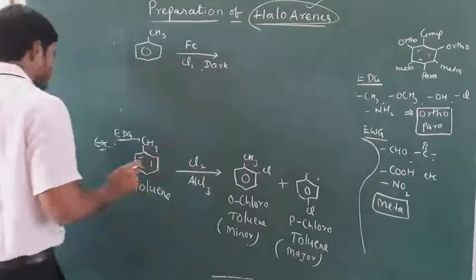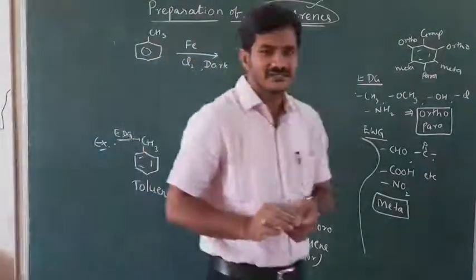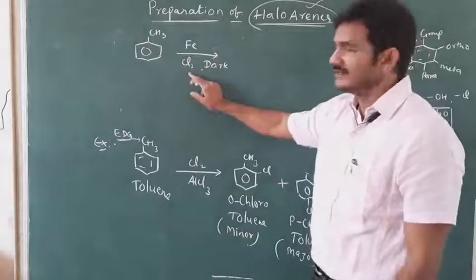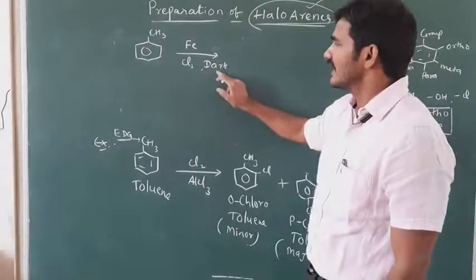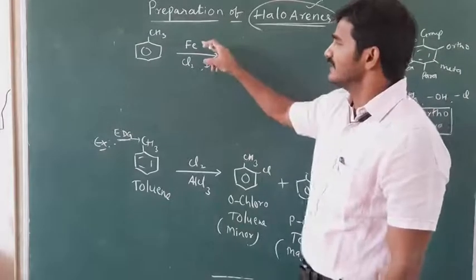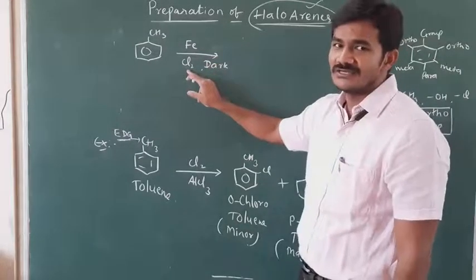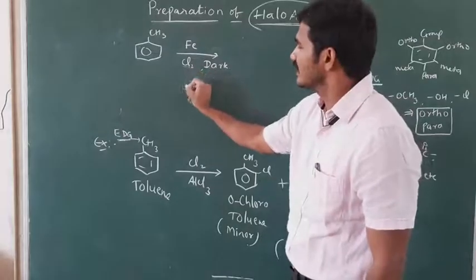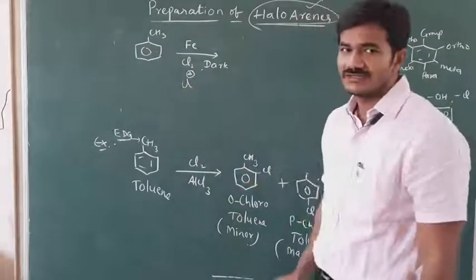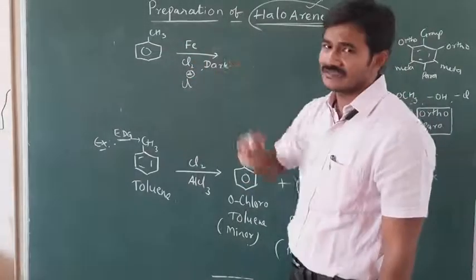This example is given in the NCERT textbook. If you observe this reaction, Fe in the presence of chlorine, in dark condition, what will be the product here? Here also, when iron reacts with Cl2, it can generate the electrophile Cl+. That Cl+ can attack, and at which position?